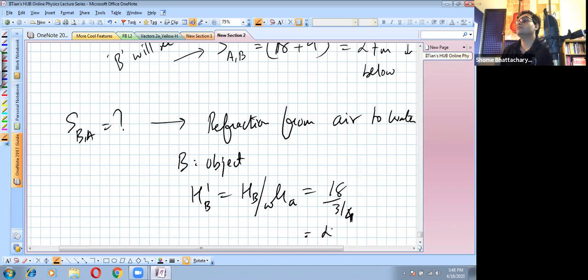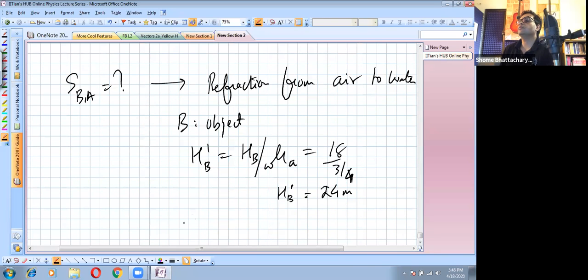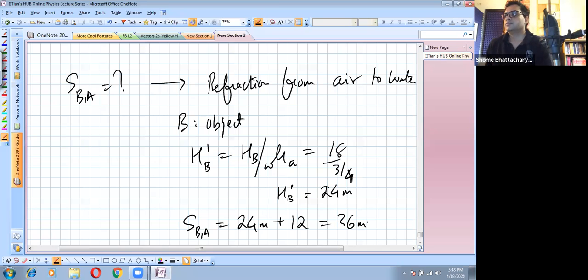That will become 24 meters. So the apparent height above the water level for B will be 24 meters. So the position of B as seen by E will be this apparent height of 24 meters plus the actual depth of the water level below, which was whatever 12. So it will become 36 meters. Okay. So hope the calculation and the rough ray diagram that I've given above is also clear to all of you.